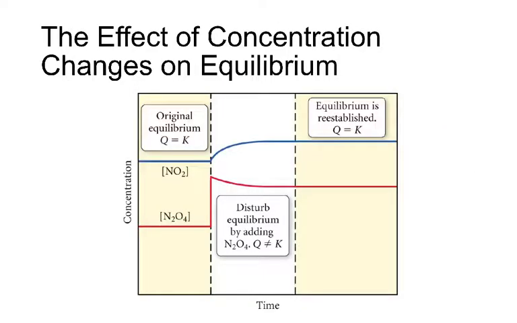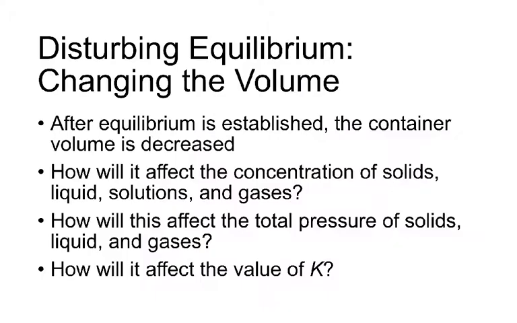Here's a picture for you. We have our original equilibrium. If we add some of a reactant, we're going to shift to get rid of that reactant, form more products, and then reestablish our equilibrium at new concentrations for both reactants and products.